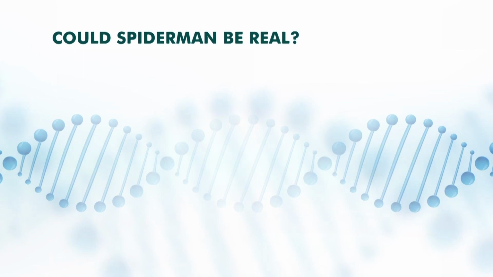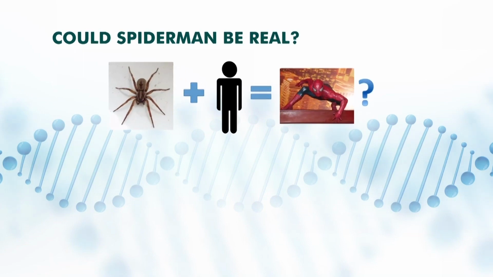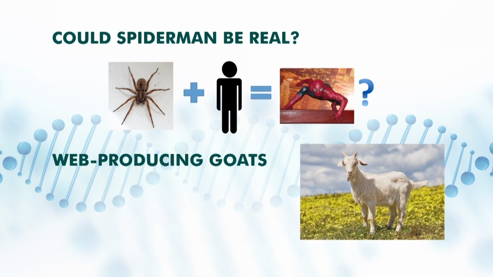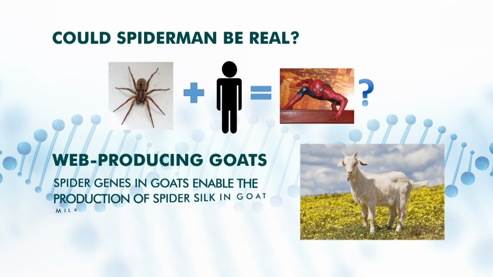Now, there is a more fascinating example: could Spider-Man be real? Yes, to a certain extent we can transfer a gene from a spider to a human, but transferring a single gene cannot lead to the production of a Spider-Man. There is another example of web-producing goats, where biosteel is created this way.